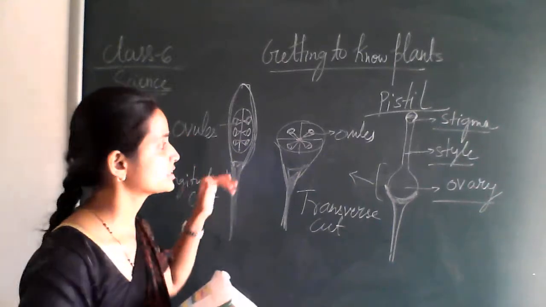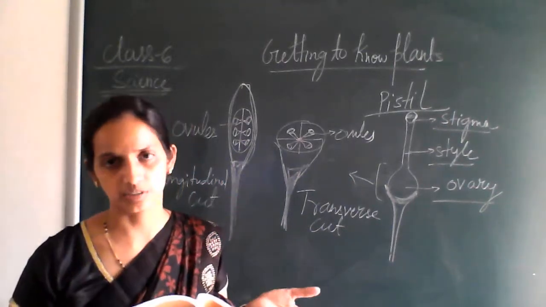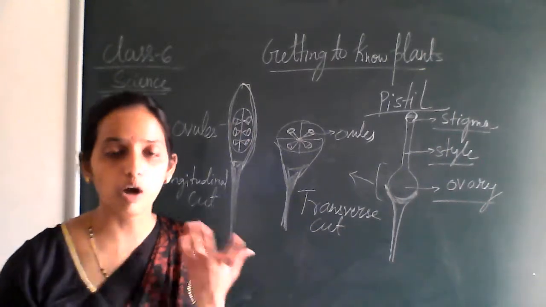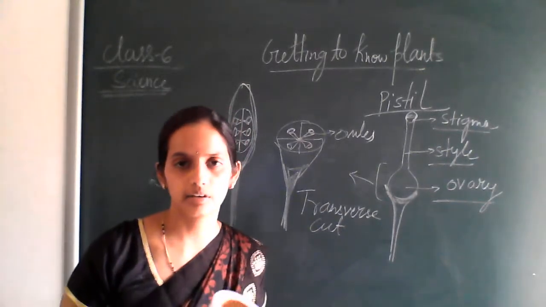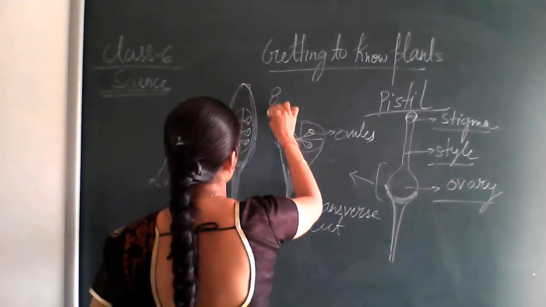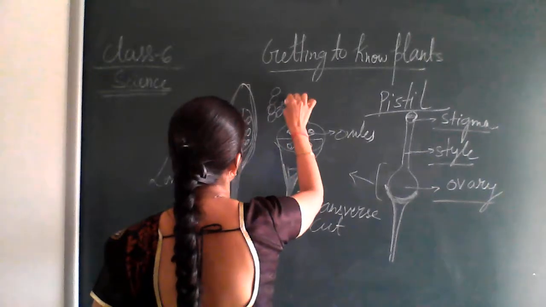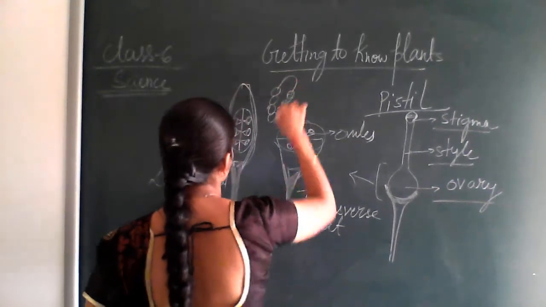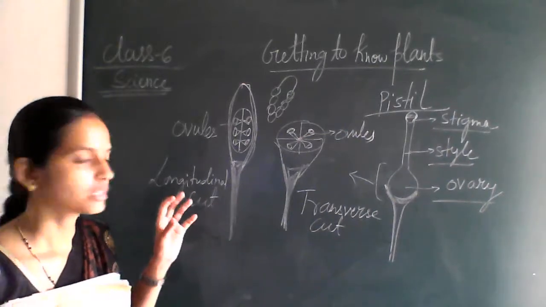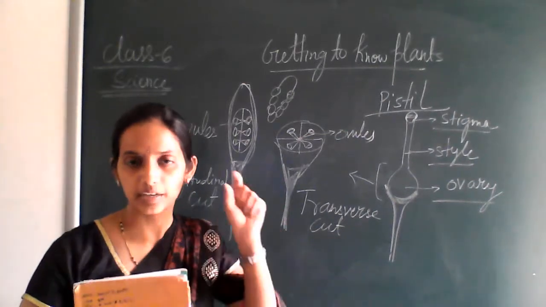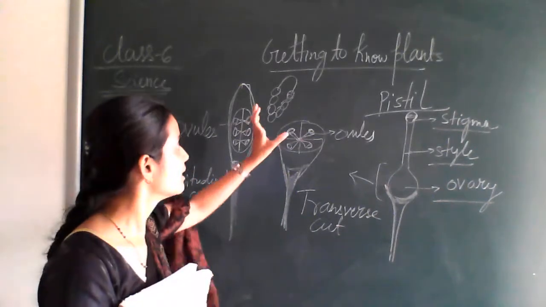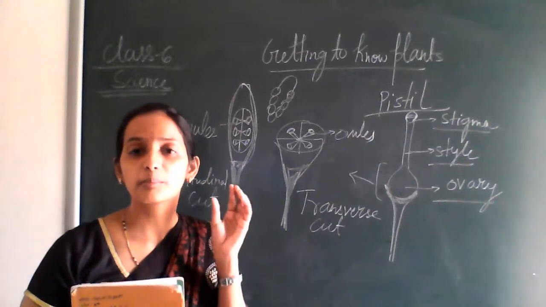Okay. So inside the ovary we have the ovules. What is the structure, or how are they looking? Bead-like. Beads. So like your beads, round small beads, right? So they are looking like your beads.